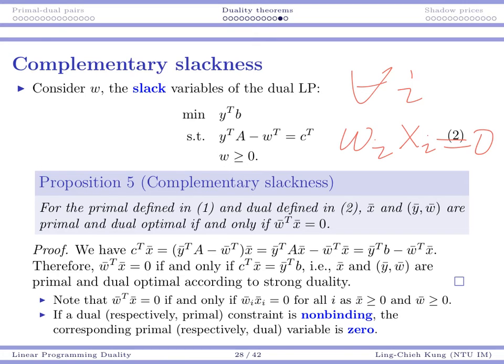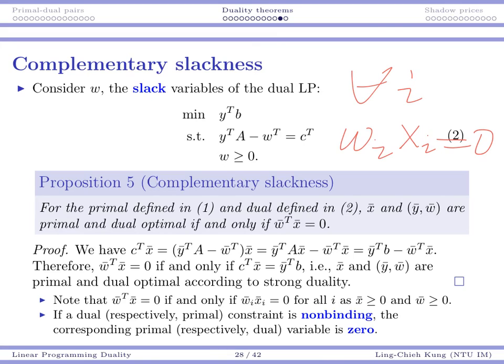As we mentioned, the condition here actually shows us something about dual constraints and the primal variables. If a dual constraint is non-binding, that means your W is positive, then the corresponding primal variable must be 0.